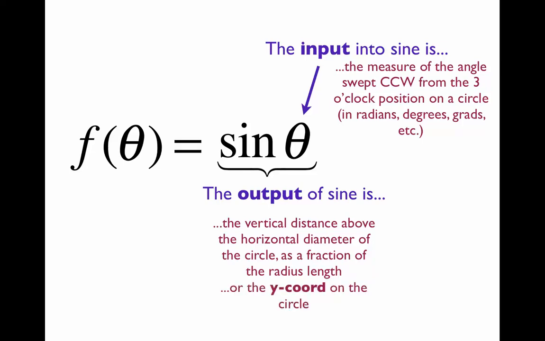And we know that's the y-coordinate. So if we have a unit circle, or any circle measured in radius lengths, it's always 1 unit away from the center, then it'd be the y-coordinate of that circle.